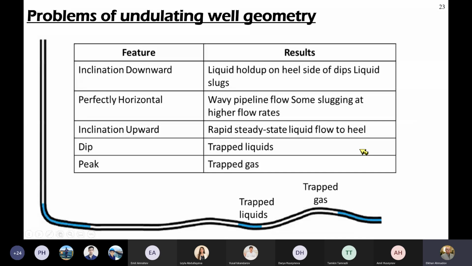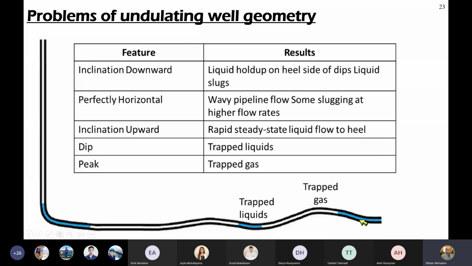So what is it about? If we have this kind of undulation in the wellbore, what happens depends on the fluid characteristics and fluid composition.